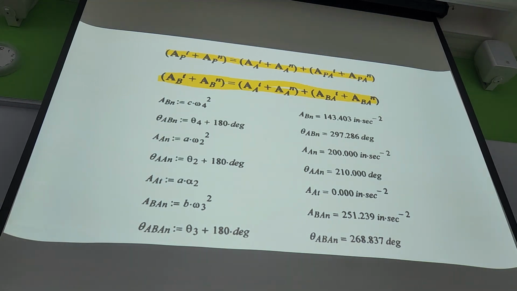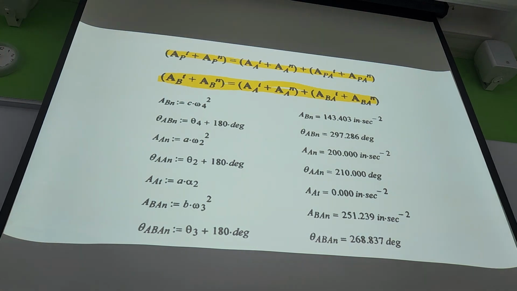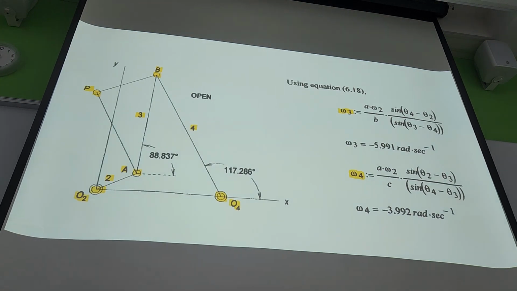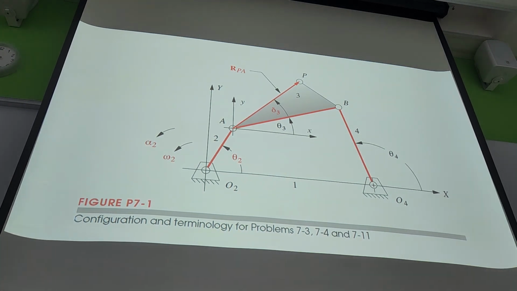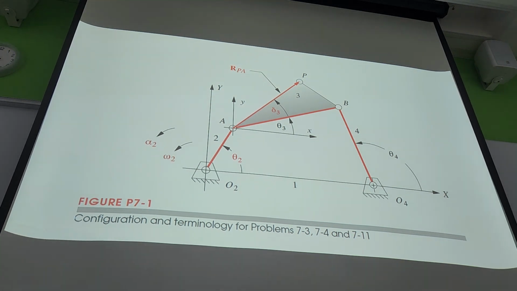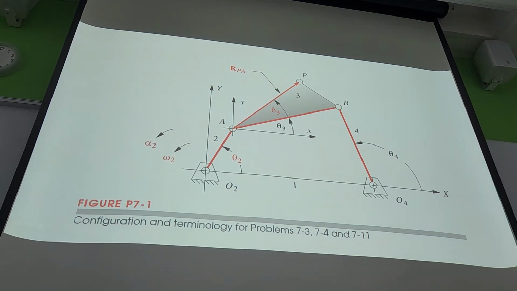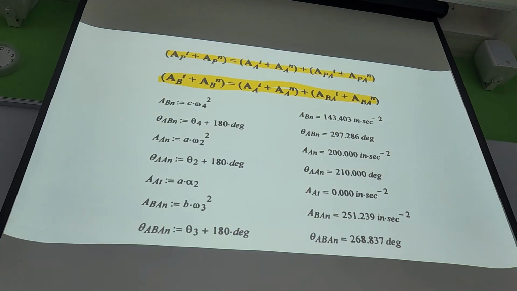Then the orientation of the normal component acceleration for point A. The direction will be like this, right? In this direction, A to O2. How do you get this direction? You already know theta 2, so this will be theta 2 plus 180 degrees.